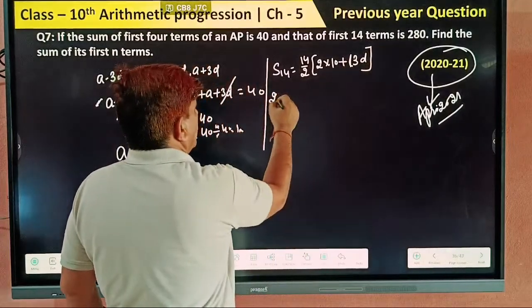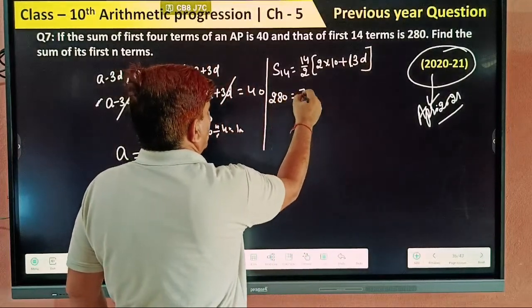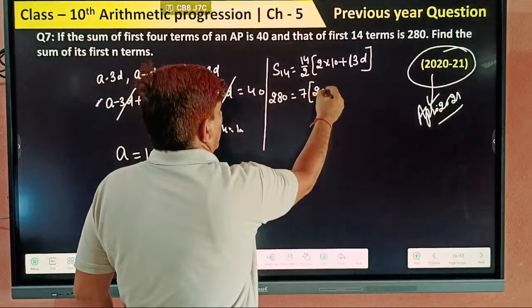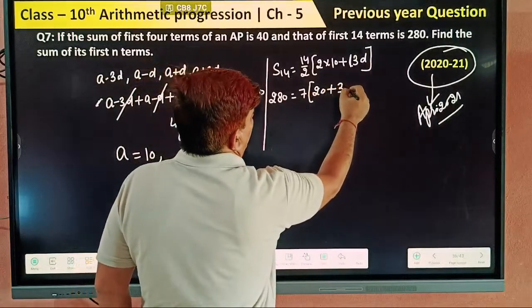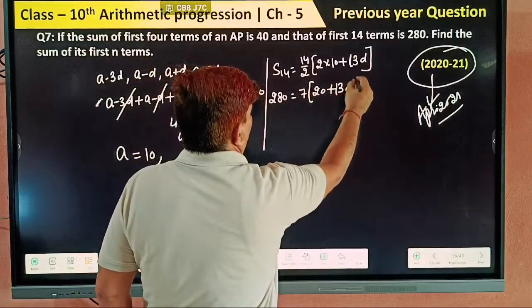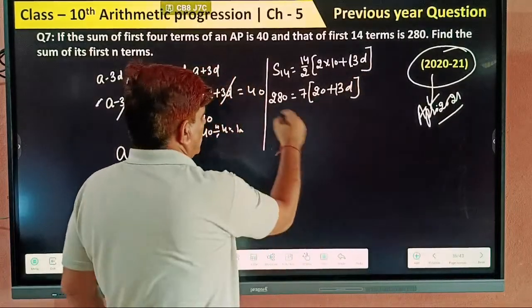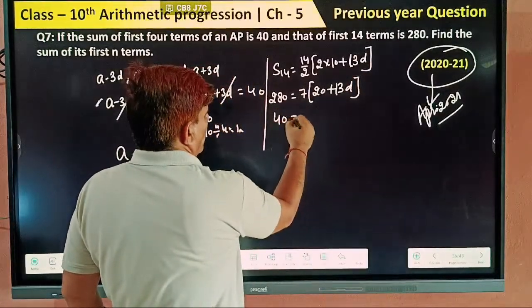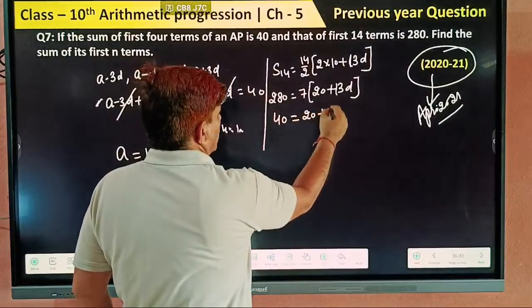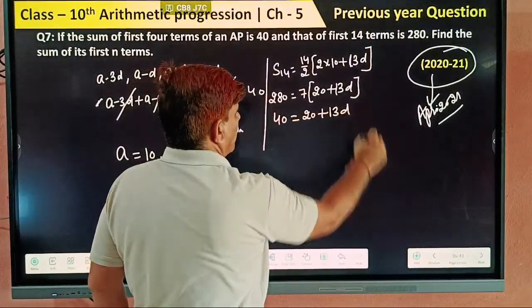This is 280, so 280 by 7 is 40, and 40 equals 20 plus 13d.